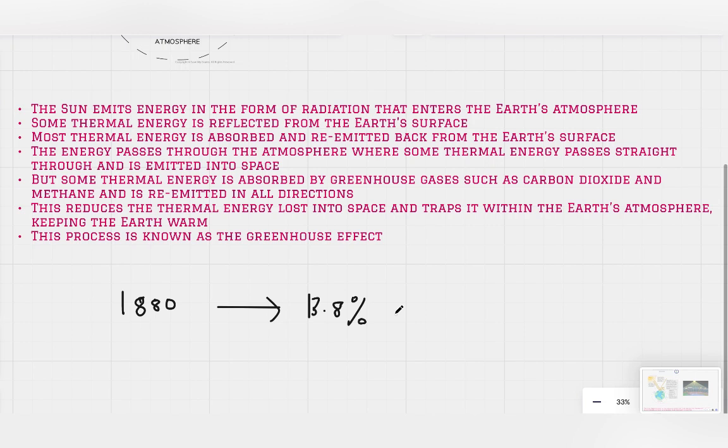Now let's take a look at the result as at 2020. The percentage has jumped. I'll talk in terms of the estimated percentage of the gas. In terms of temperature, it was 30%.